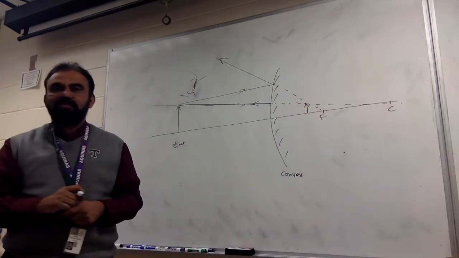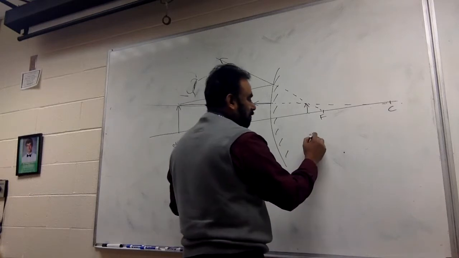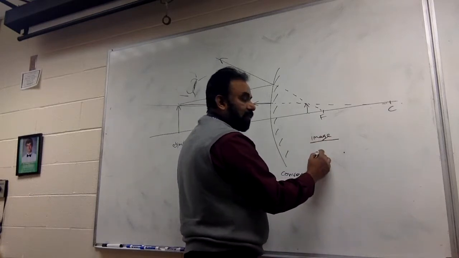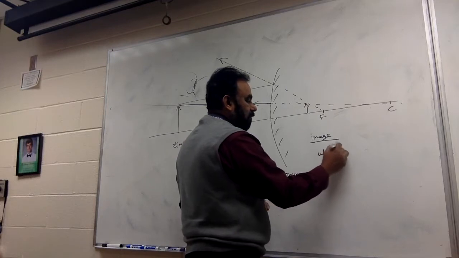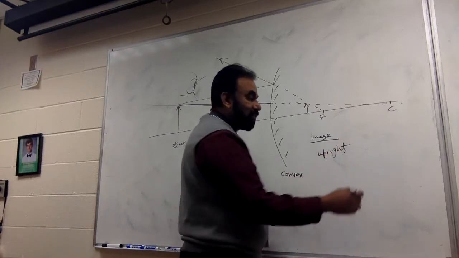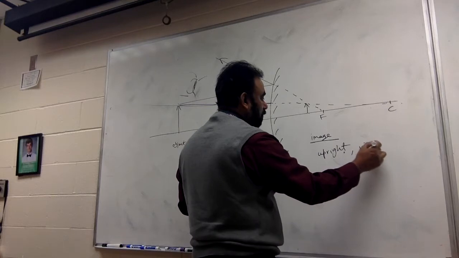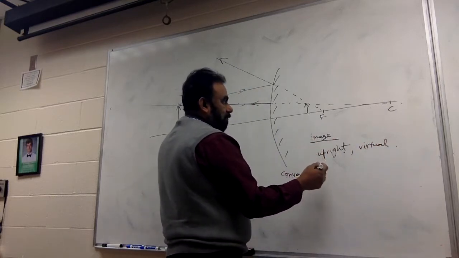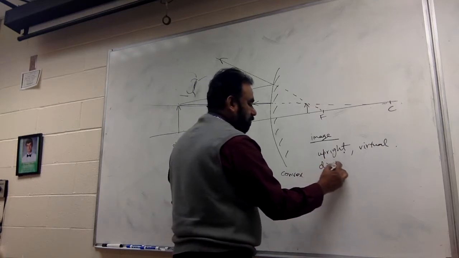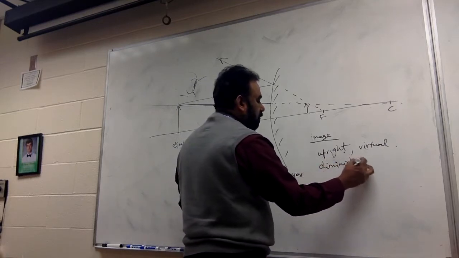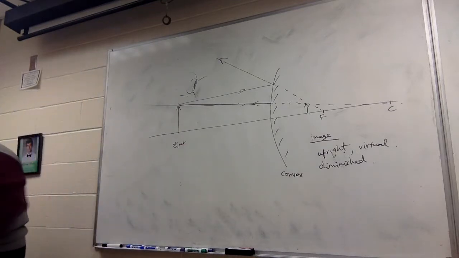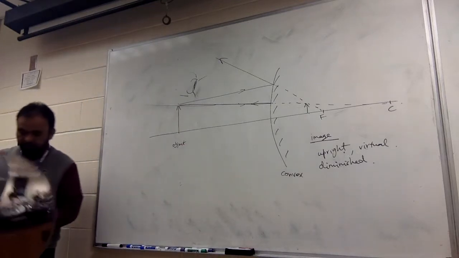What are the characteristics of the image? It is upright. What does it mean? It's virtual. And then it's diminished. And it's behind the mirror. And that is what a convex mirror produces.